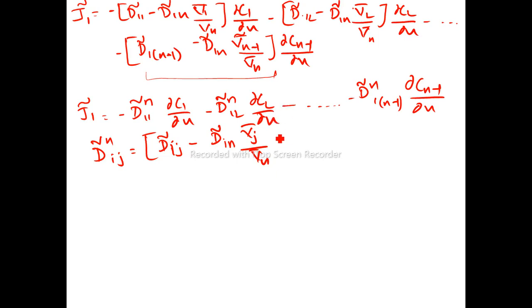Okay, this is the general equation. So we can convert any dependent variables and independent variables to other quantities. Okay, so this Fick's law for the multi-component system can be applied to any of the systems.